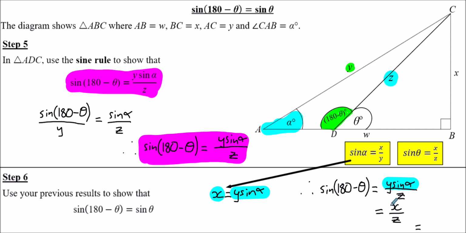Well, we can see that x over z is one and the same thing as sine theta. And that proves our result. So sine 180 minus theta equals this, which equals that, which we've shown is the same as saying it's equal to sine theta. So that proves the result which always holds true. The sine of 180 minus theta is one and the same as sine of theta itself.